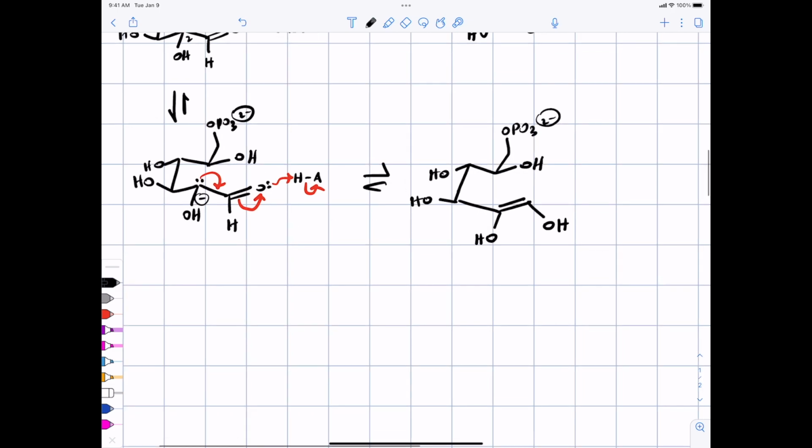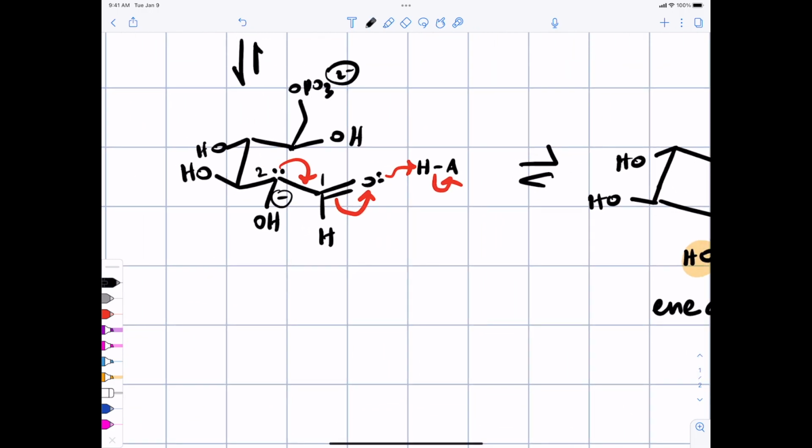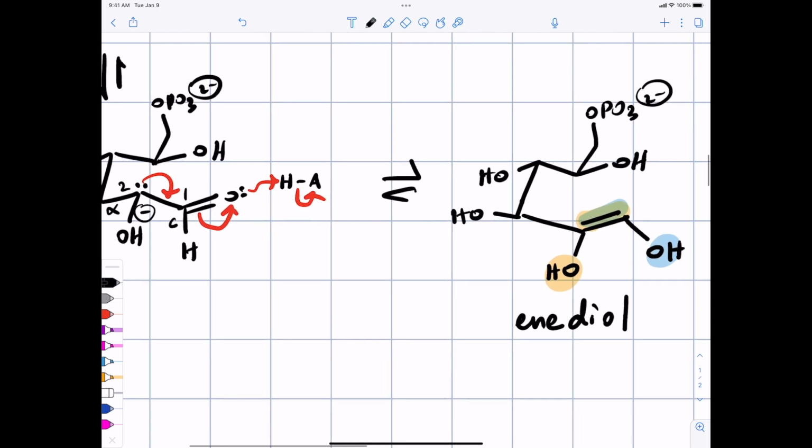All right, this is called an ene, and we could just call it an enol because we have an ene here and an ol there, but sort of on accident, it's an enediol. And this is the key intermediate because the enediol looks like an enol in this direction, but then it also looks like an enol in that direction. So we've got an intermediate where carbon 1 used to be the carbonyl carbon and carbon 2 used to be the alpha carbon.